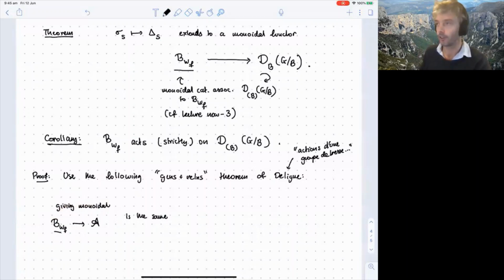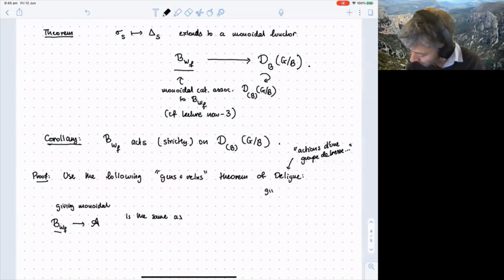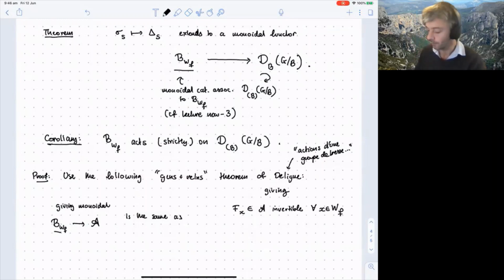And this is the boiling down that occurs in this case. So it's the same thing as giving an invertible element, an isomorphism, whenever the length of xy equals the length of x plus the length of y.